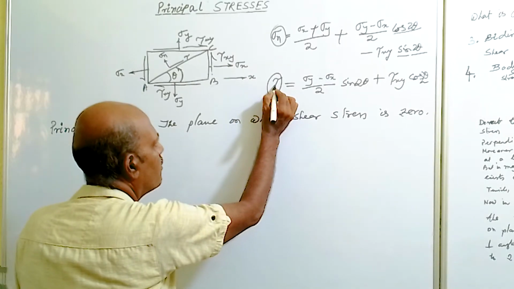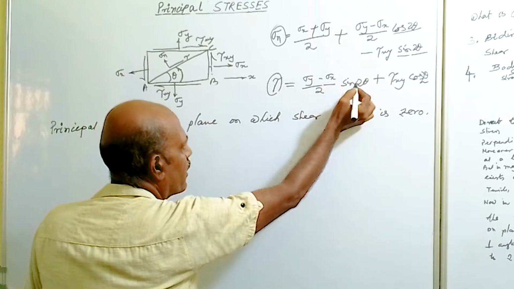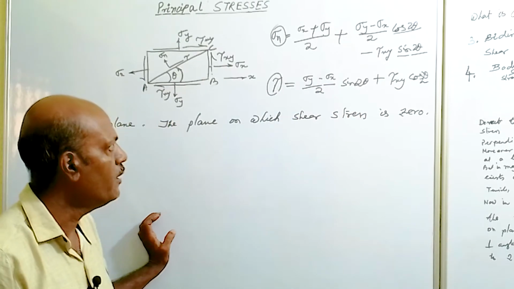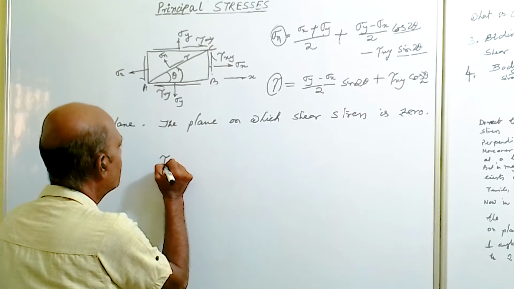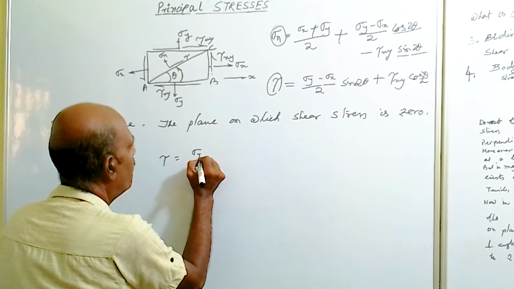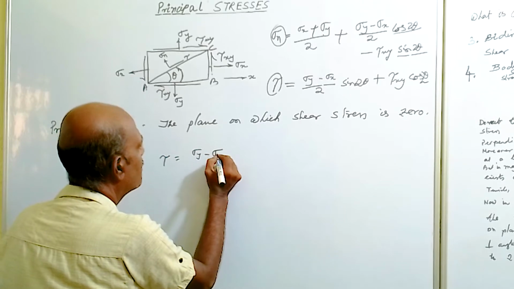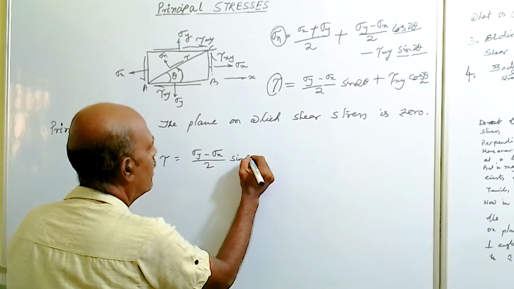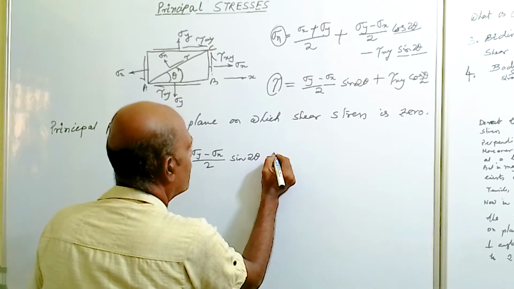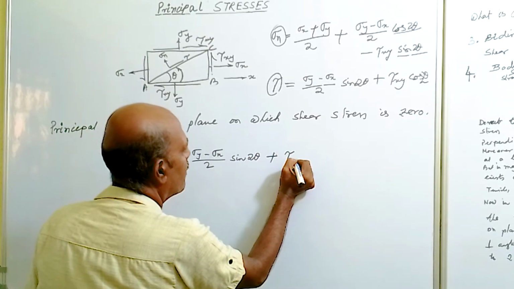For shear stress we have tau equals (sigma y minus sigma x) by 2 sin 2 theta plus tau xy cos 2 theta.